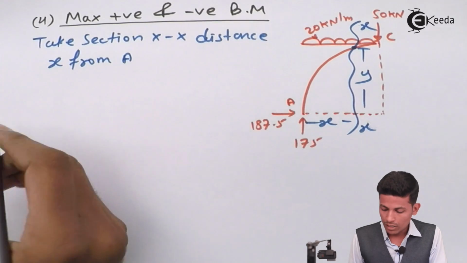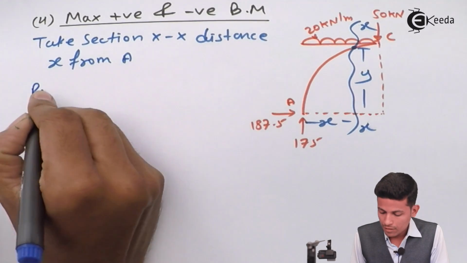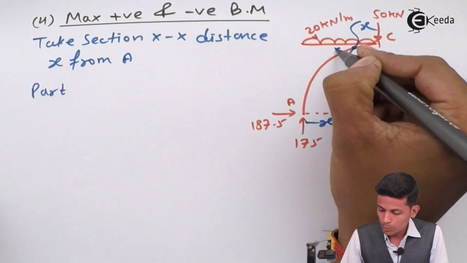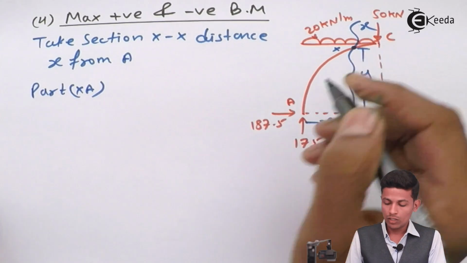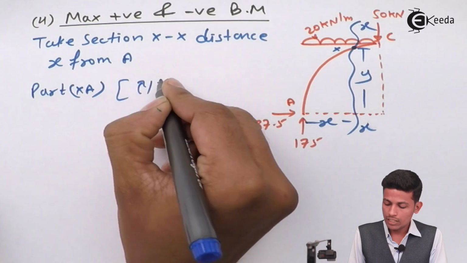Now, this part as suppose X, so XA. Now take bending moment over here. As you know, the sign convention is this.